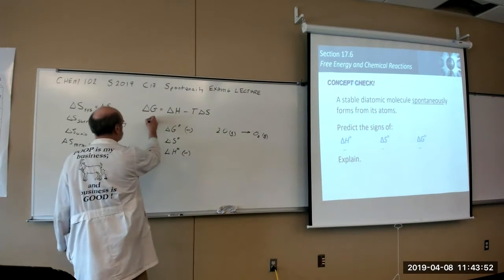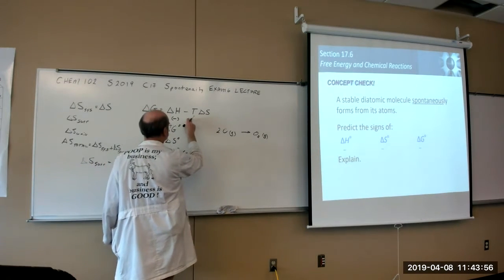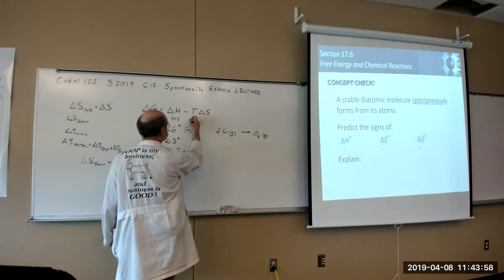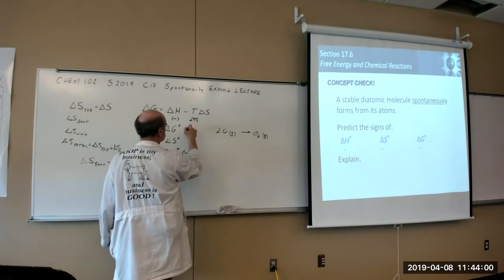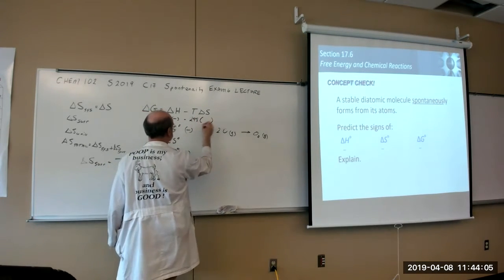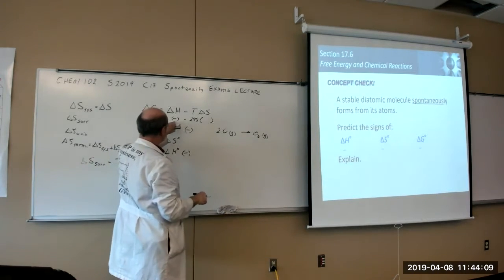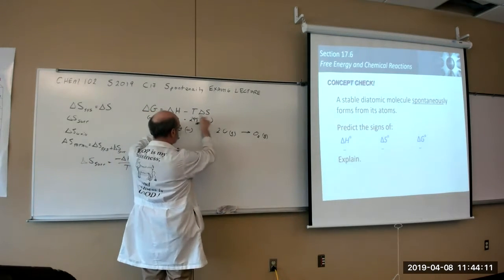Well, let's look at this one. If that's negative, this is negative. And T is 298, right? So it's negative that. This whole term has to be negative.